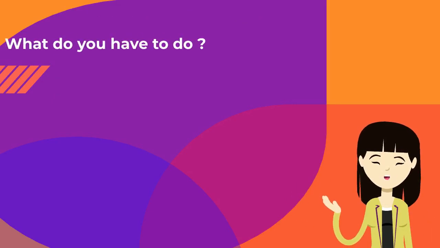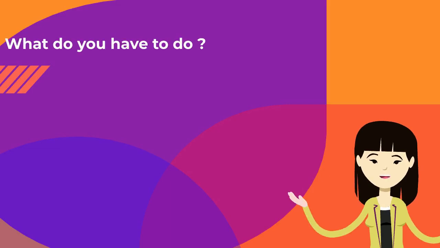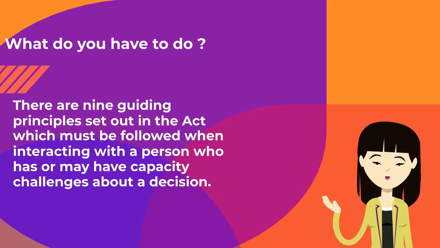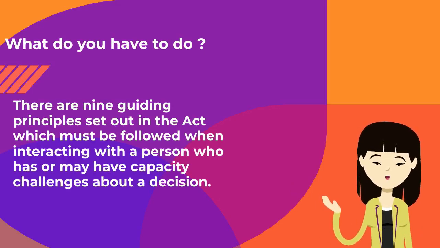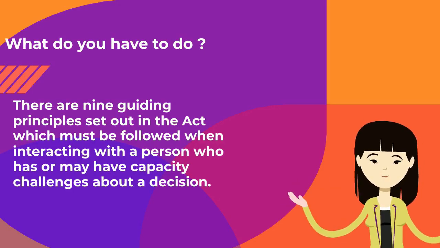What do you have to do? There are 9 guiding principles set out in the Act which must be followed when interacting with a person who has or may have capacity challenges about a decision.